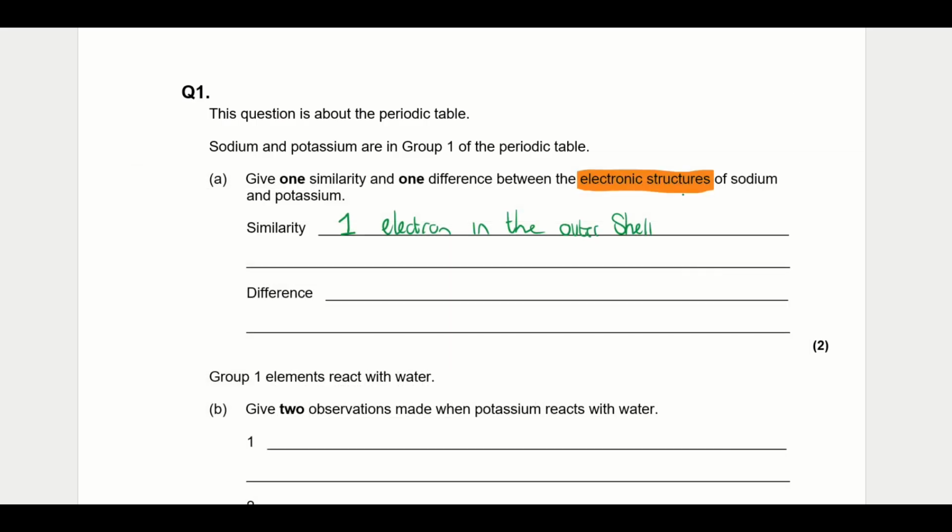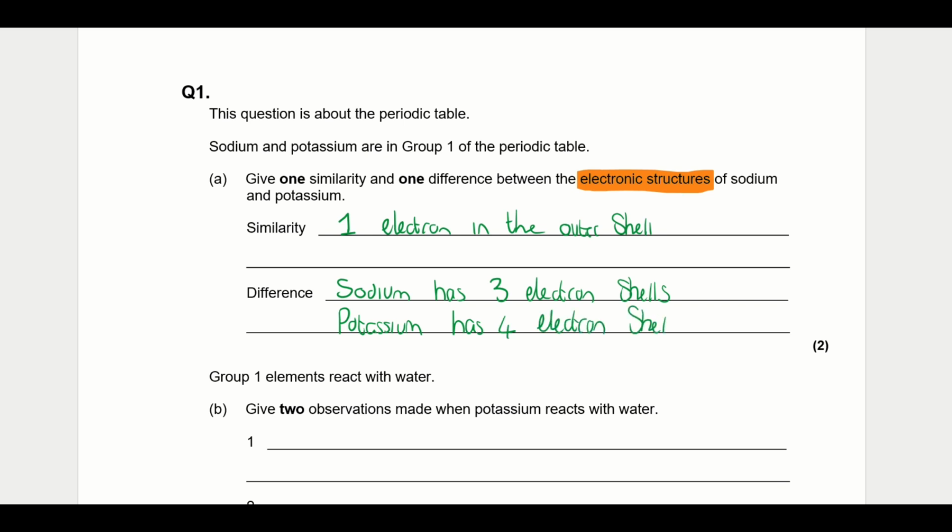So essentially sodium has 3 electron shells, and then potassium has 4 electron shells. Okay, so that's a difference.